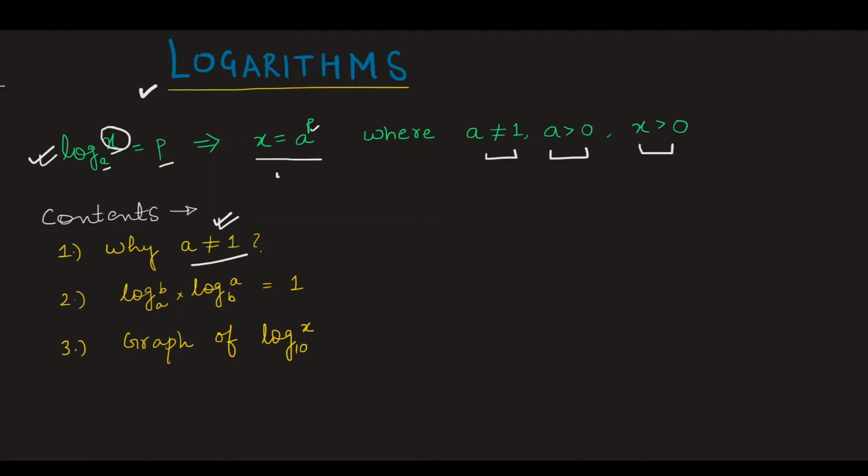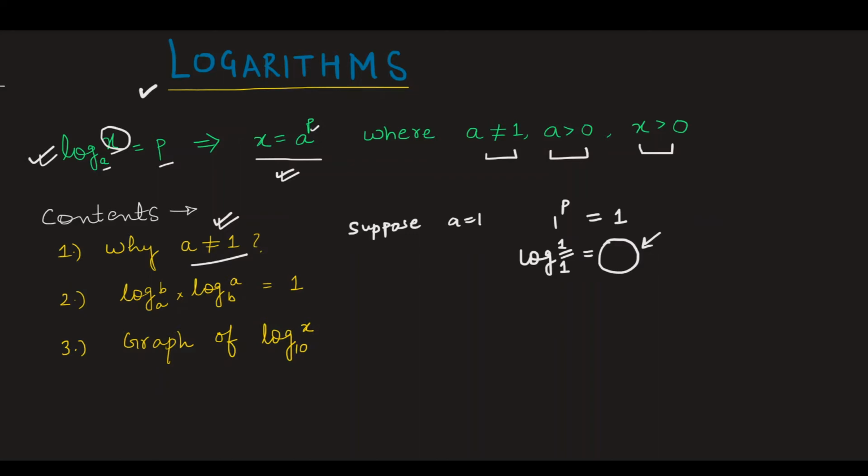See, by this equation we can say that suppose a is equal to 1, then 1 to the power p will always be 1. So if we take log here to the base 1, then any number will make this equation true.